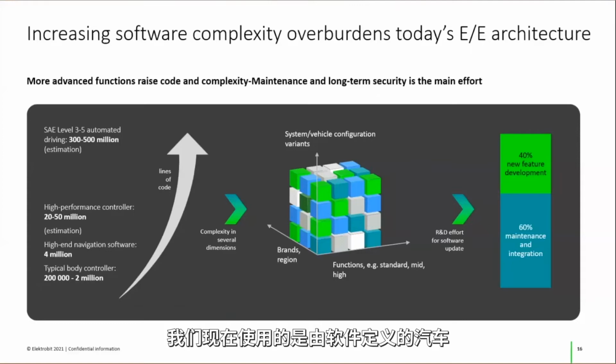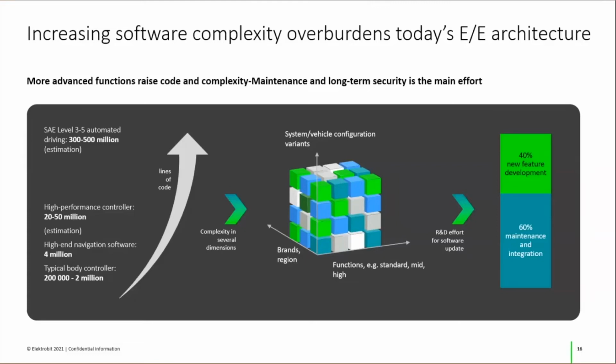So yeah, we are now living in times of the software-defined car. This means an increasing number of applications and functionalities go into cars, and they increase the complexity and the overall lines of code that make up a car of today's times. So let's have a look at the numbers here and go from the bottom left to the top.